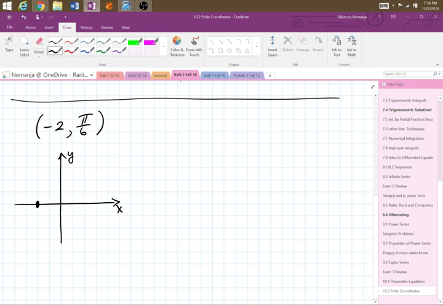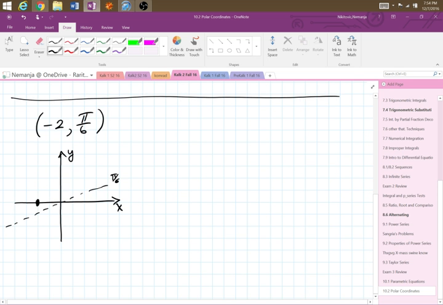And then, where do I go, up or down? Pi over 6, 30 degrees. Down. It has to be counterclockwise for positive angles. This is the pi over 6 line. So, right there.